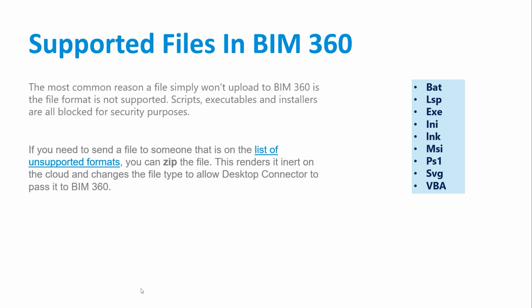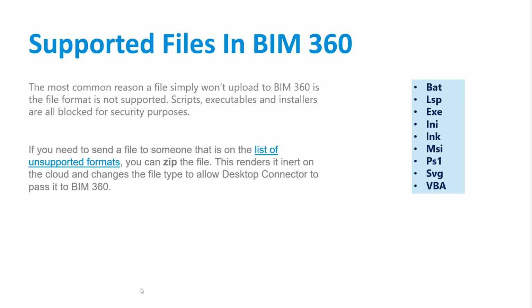Now let's talk about the supported file types for BIM 360. And that's pretty simple. The most common reason, if you've got a file and it just seems like Desktop Connector is ignoring it, well, it might just be that. There are a few file types that Autodesk Desktop Connector purposely ignores for security reasons. And most of those are things, just for example, this is definitely not a complete list, but things like batch files, Lisp routines, executables, that kind of thing.